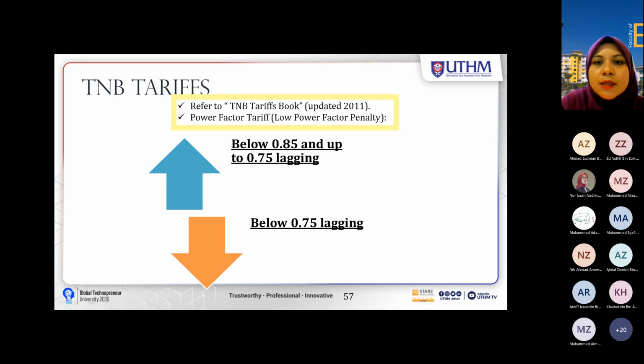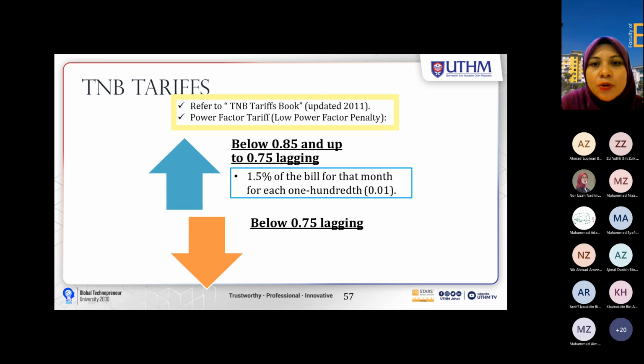So basically, as I said, why will TNB charge if the power factor is lower than this standard? Below 0.85 and up to 0.75. It means if your power factor is 0.85 or above, then you will not be charged the penalty. No penalty.